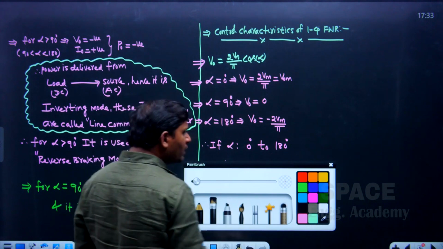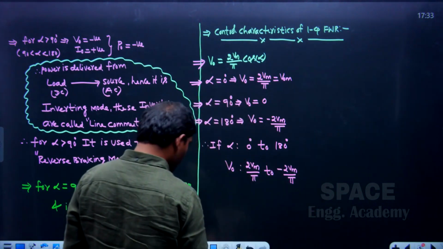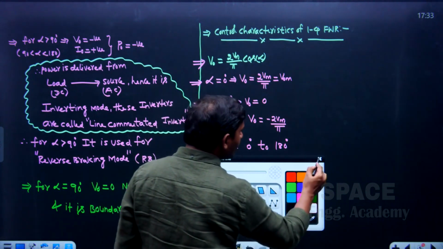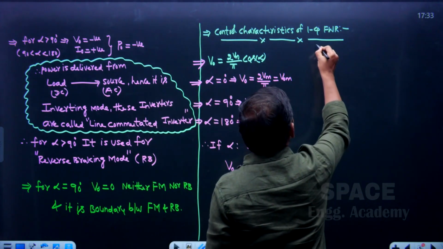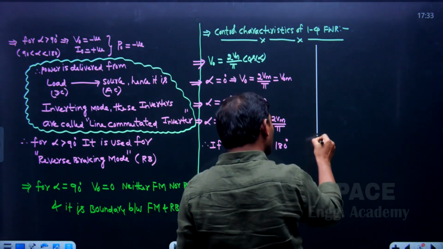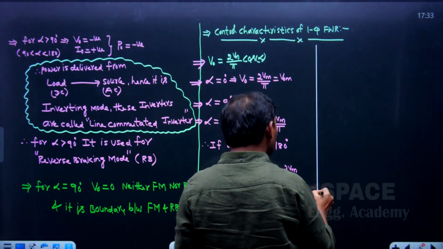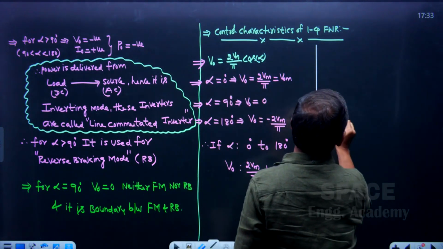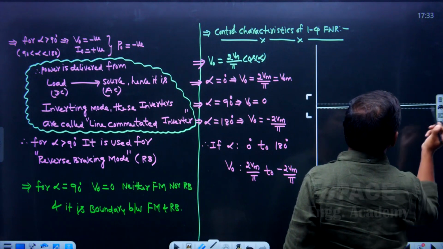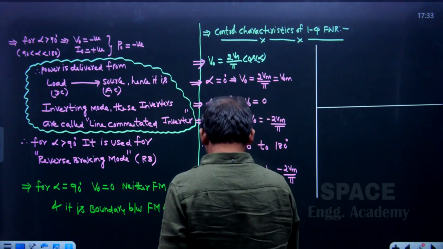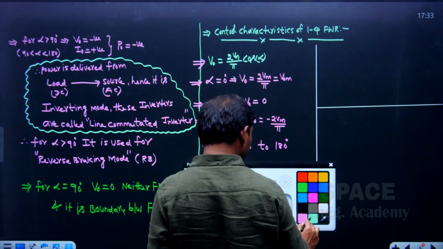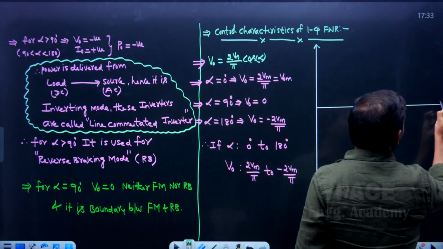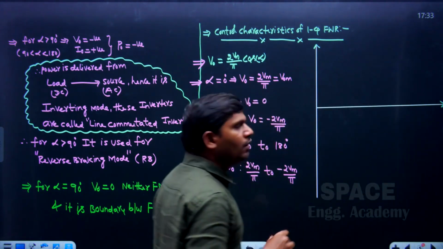Then if you draw the control characteristics for different firing angles, that I am drawing here. For this, I take alpha on one axis and V naught on the other.